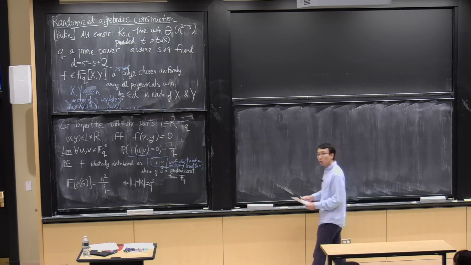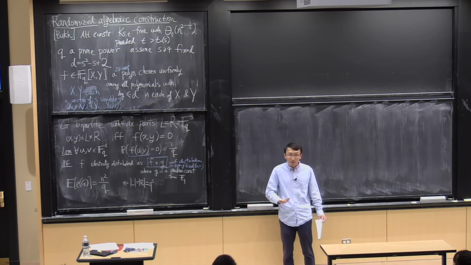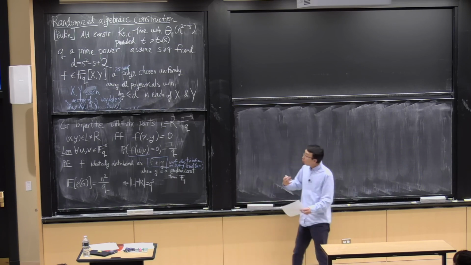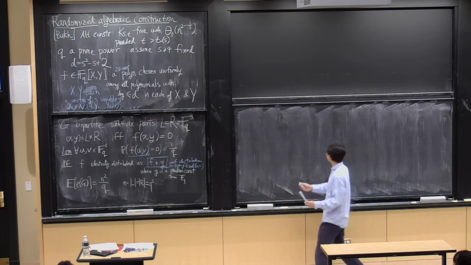So what is the intuition? How does it compare to the case when you have a genuine Erdős–Rényi random graph? Well, what is the expected number of common neighbors?